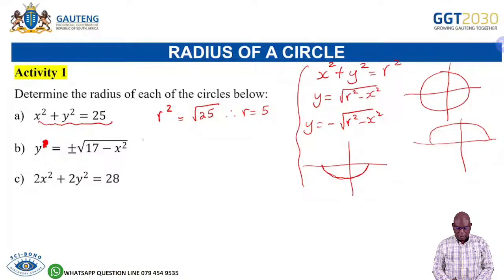In this one here, I can see I have the y and the x, so I need the r. The r squared will be 17. So my r is the square root of 17.